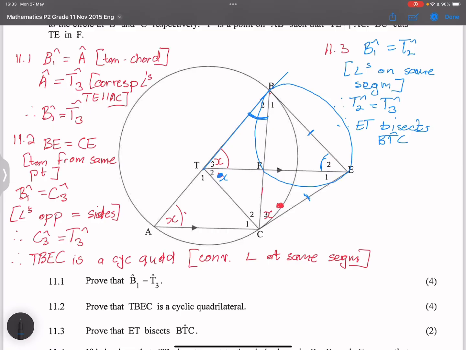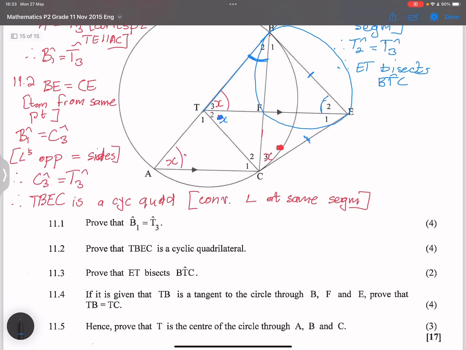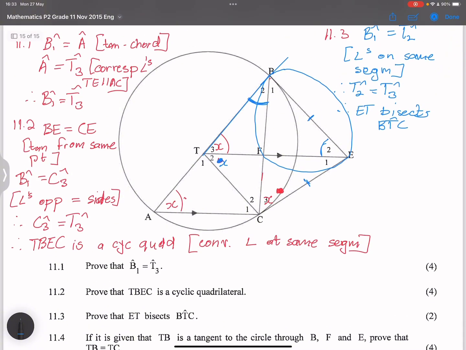So now they said we must prove that TB equals TC. Now, ladies and gents, we want to prove TB equal to TC. So if we can prove that this angle B2 is equal to C2, and I can already see how we can do that. So for 11.4, now notice, it means that B2 would be equal to E2, okay? That would be the tan chord theorem, all right?